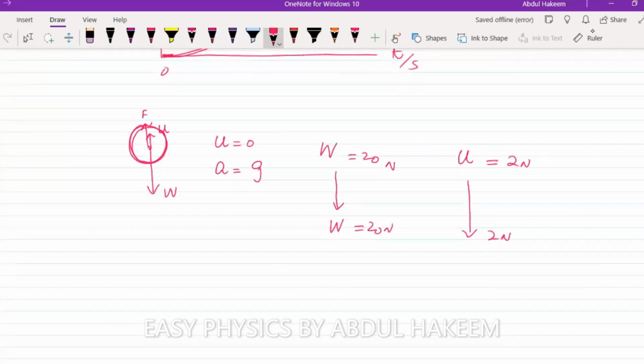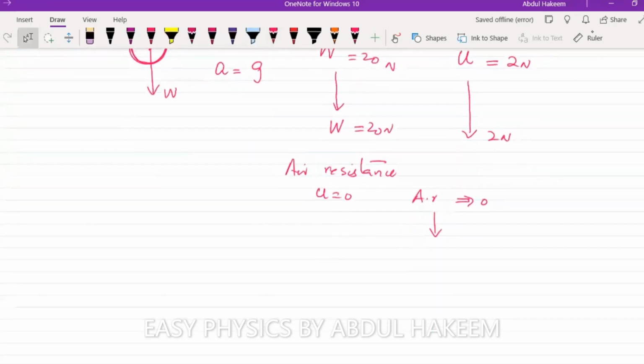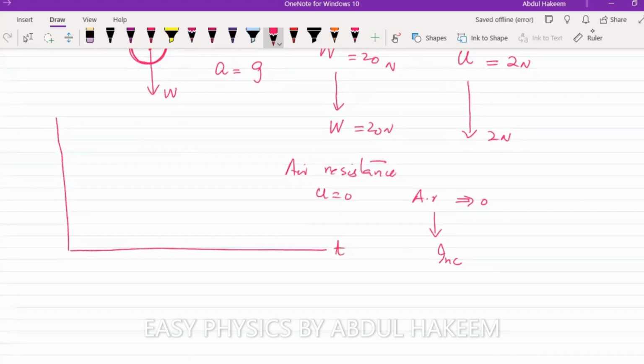But the air resistance depends on the magnitude of the speed. Initially the speed is 0, so air resistance is also 0, but it gradually increases. So when the graph is plotted, with time on the x-axis and these forces on the y-axis, the weight is the maximum force which remains constant.